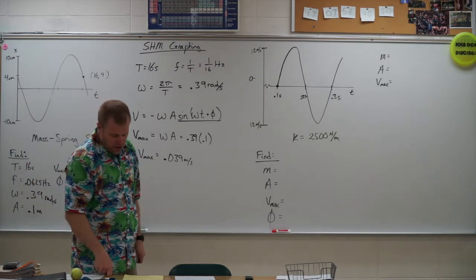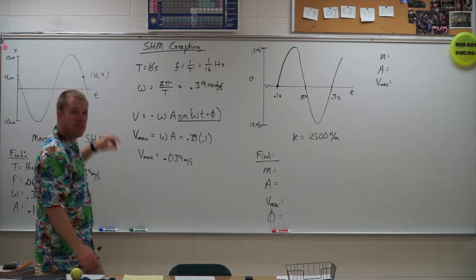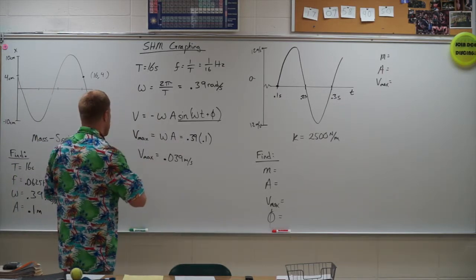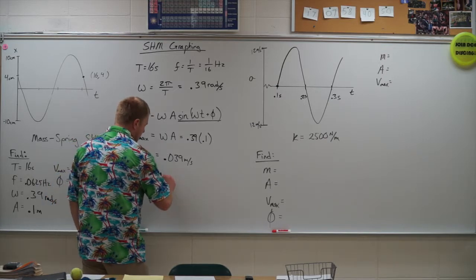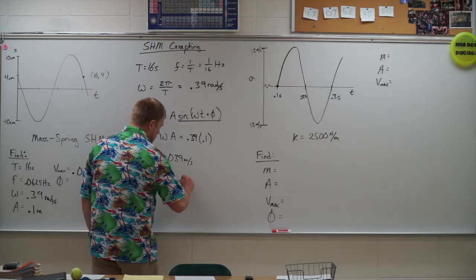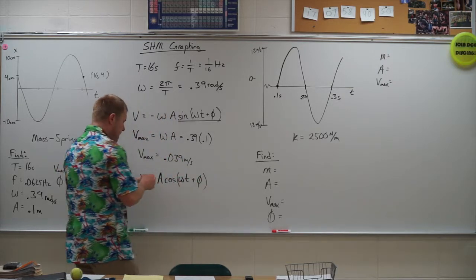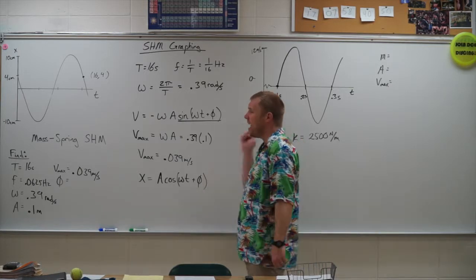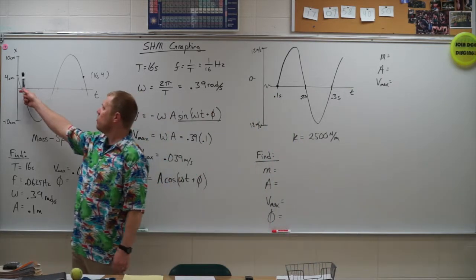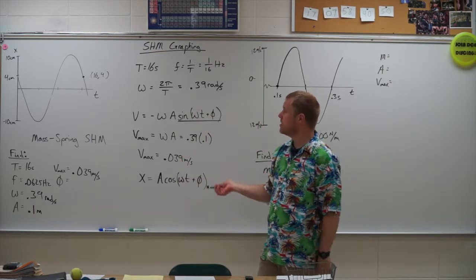Now, how do you find phi? In order to find phi, you basically pick a point. Now, we have a position versus time graph, so I'm going to use my position equation: x is equal to A cosine of omega t plus phi. I'm going to pick a point that I know and plug it in. Ideally, I have a point where time is equal to 0. That makes my problem just a little bit easier to solve.